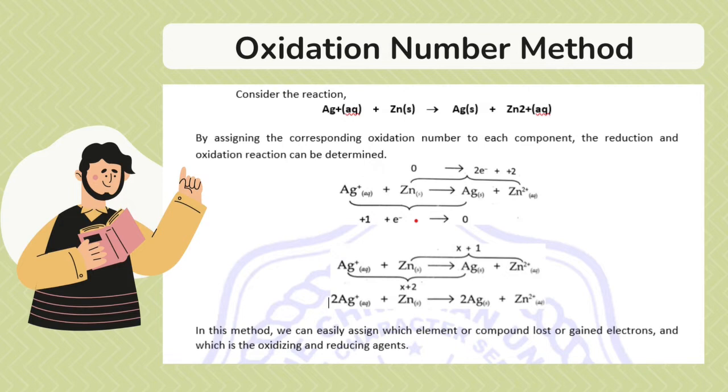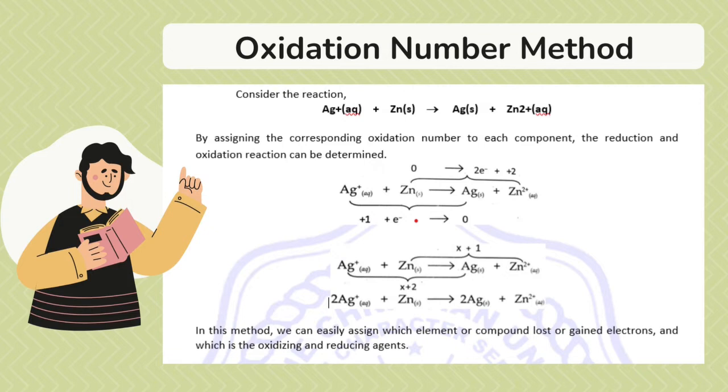To balance the reaction, one must consider the law of conservation of mass and the balanced electron transfer. Since silver gained only 1 electron but zinc lost 2 electrons, a coefficient of 2 is placed before silver on both sides of the reaction.